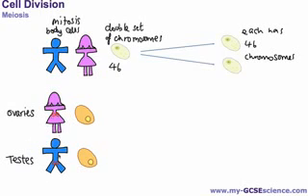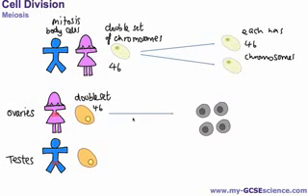And I've just highlighted that with these red circles here, but basically we start off with a cell that has the double set, and in this case for humans it's 46. The cell will then divide twice and it will produce 4 new cells.